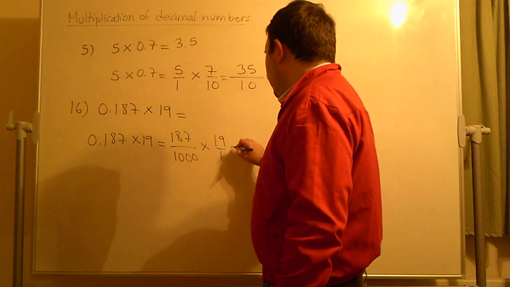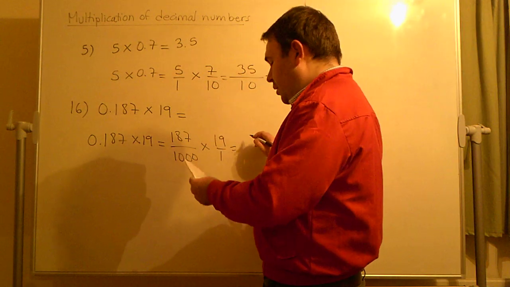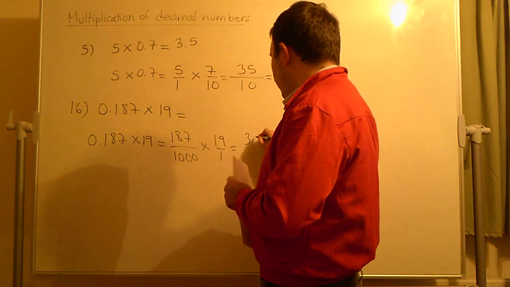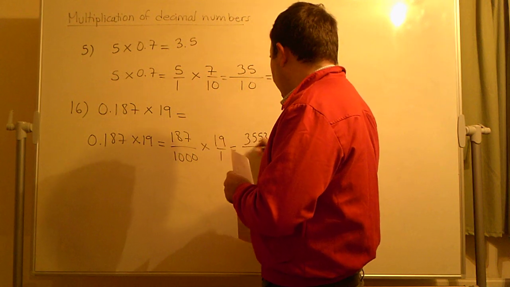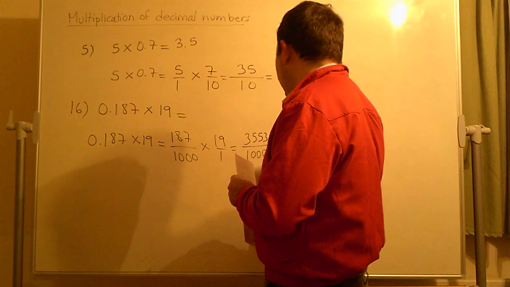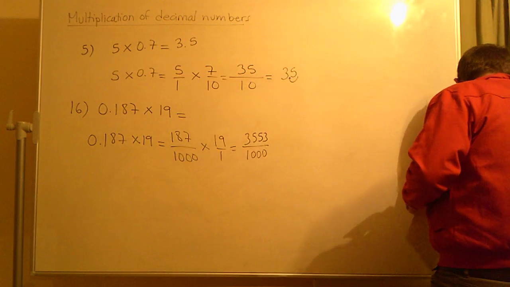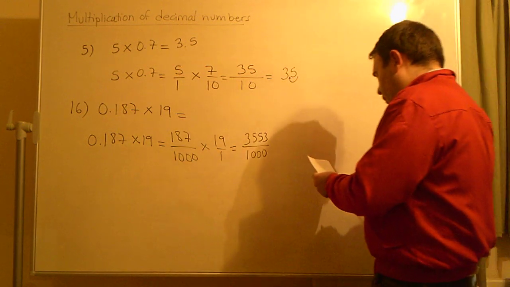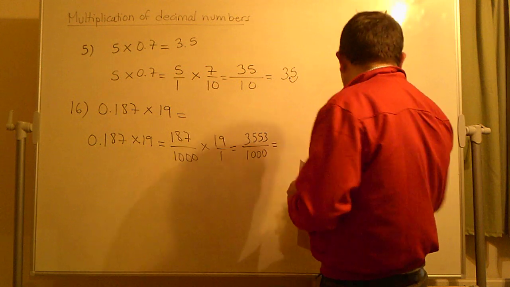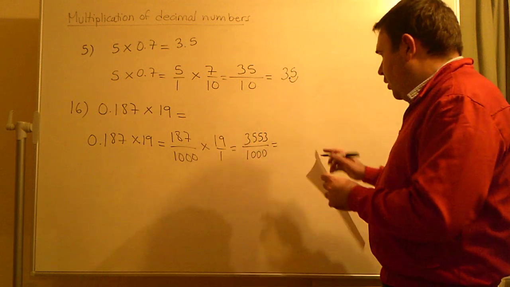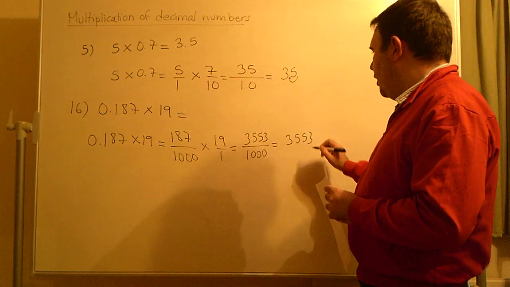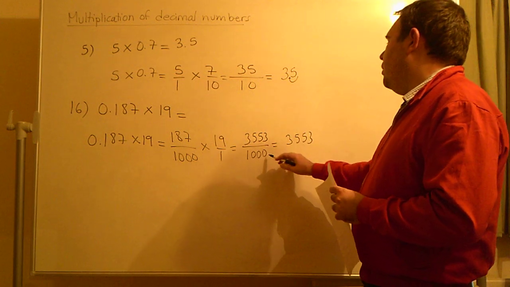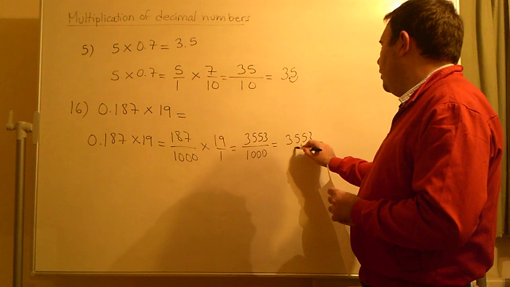Now, 187 times 19 would be 3553 divided by 1000. So now, if we want to turn this into decimal, we need to write down 3553, and then we need to move the decimal point how many places? 3. 1, 2, 3.